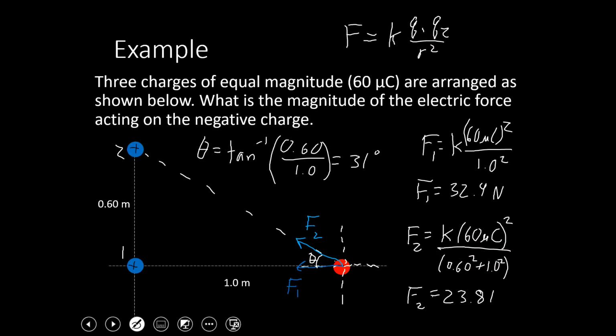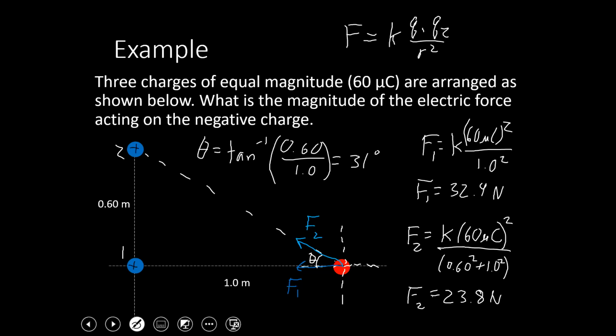So 32.4 for F1, 23.8 for F2, which makes sense because, like I said earlier, F2 represents a weaker force, right? Those two charges are further apart. So we do expect F2 to be smaller than F1. All right, now that doesn't give us our result, right? We're trying to find out what is that net force acting on that negative charge.